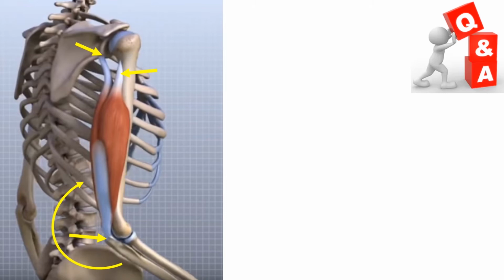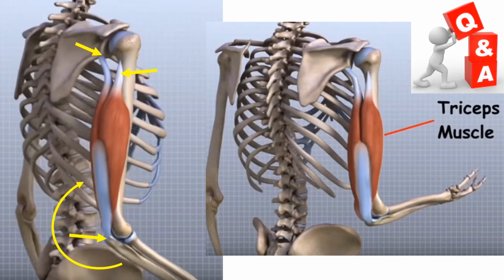What we see here is only 2 heads because there is another head which is medial, and it is shorter than these 2, and takes origin from the posterior surface of the humerus plus the intermuscular septum, and the result is that we have 3 heads of this muscle.